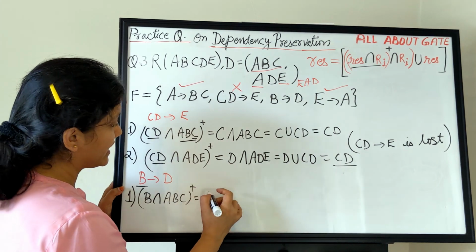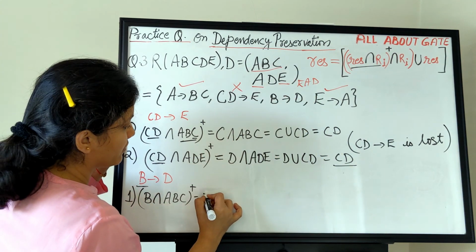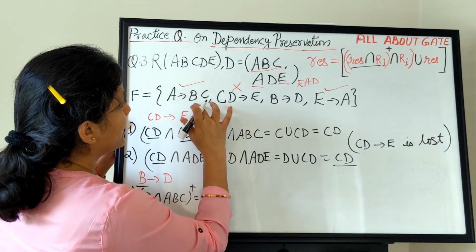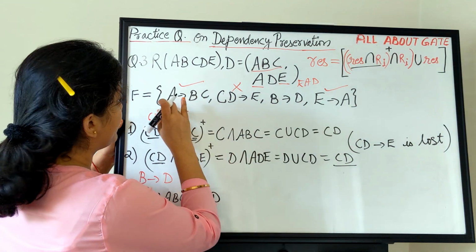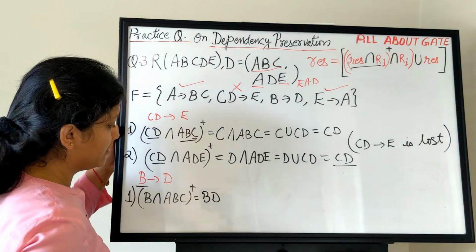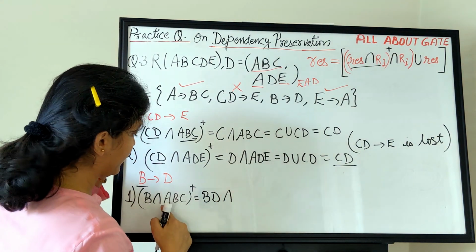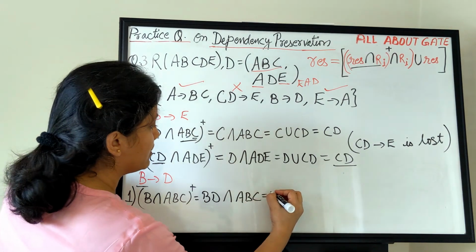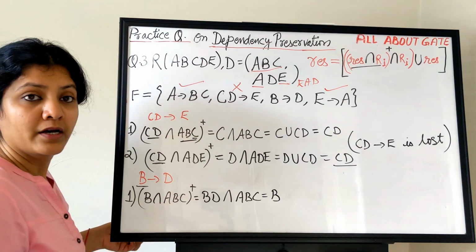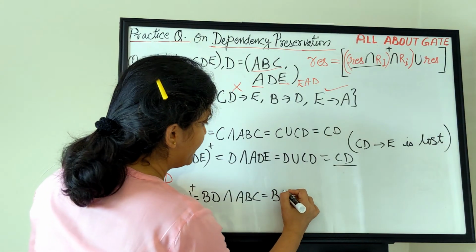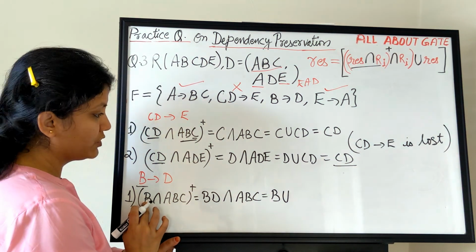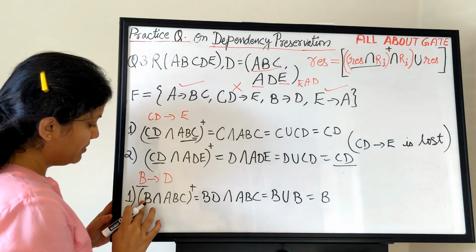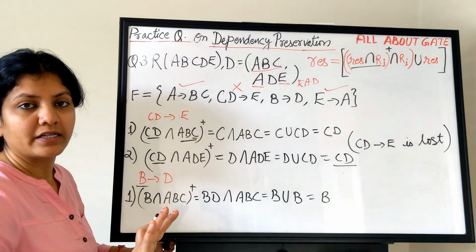What is B closure from here? B determines itself, and it determines the value of D. Anything else? Does D determine anything? No. So take its intersection with the set ABC. That makes up only B. Correct? Now its union with whichever you start with. So this again results in nothing new. B results only in itself, nothing else.